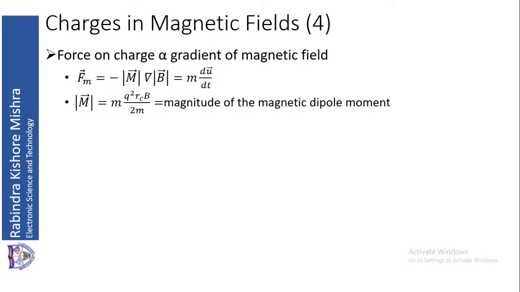Now your question will be, from where are we going to get this dipole, because of which we get a magnetic dipole moment?